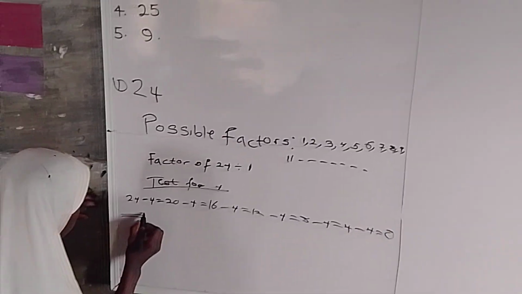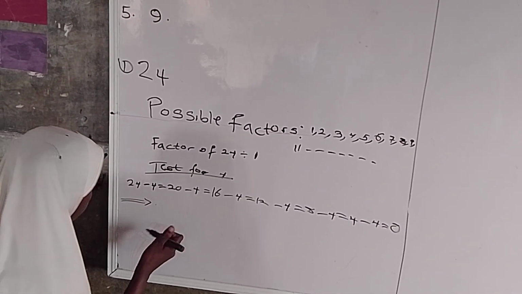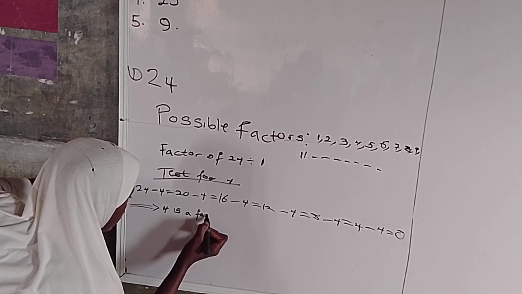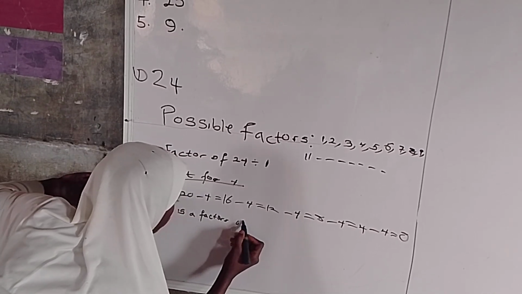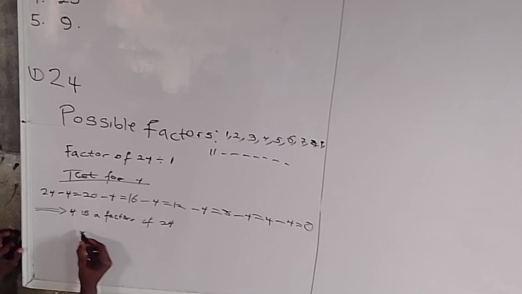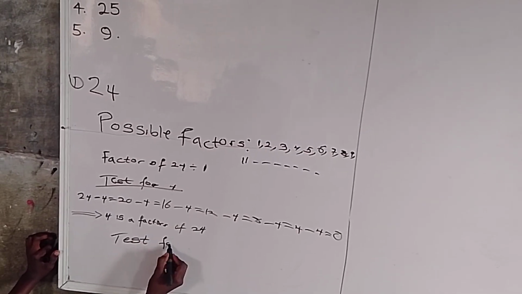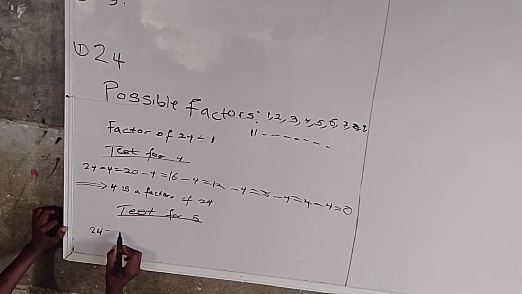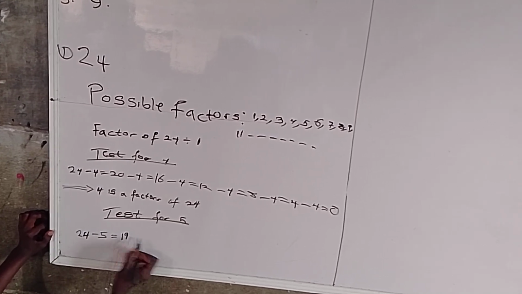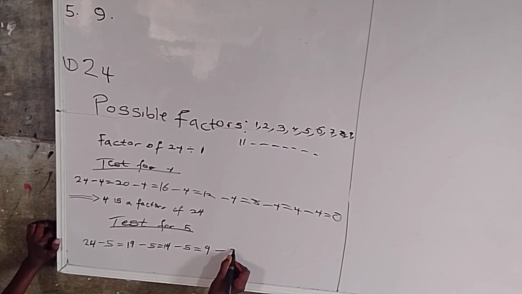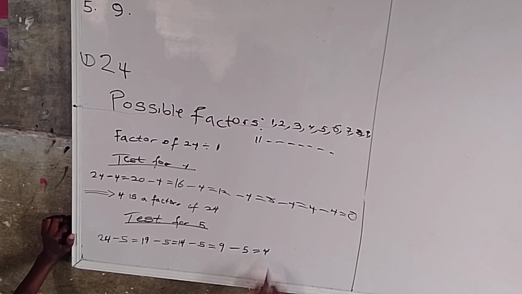This implies that 4 is a factor of 24. Let's test for 5. 24 minus 5 gives us 19, minus 5 gives us 14, minus 5 gives us 9, minus 5 gives us 4.